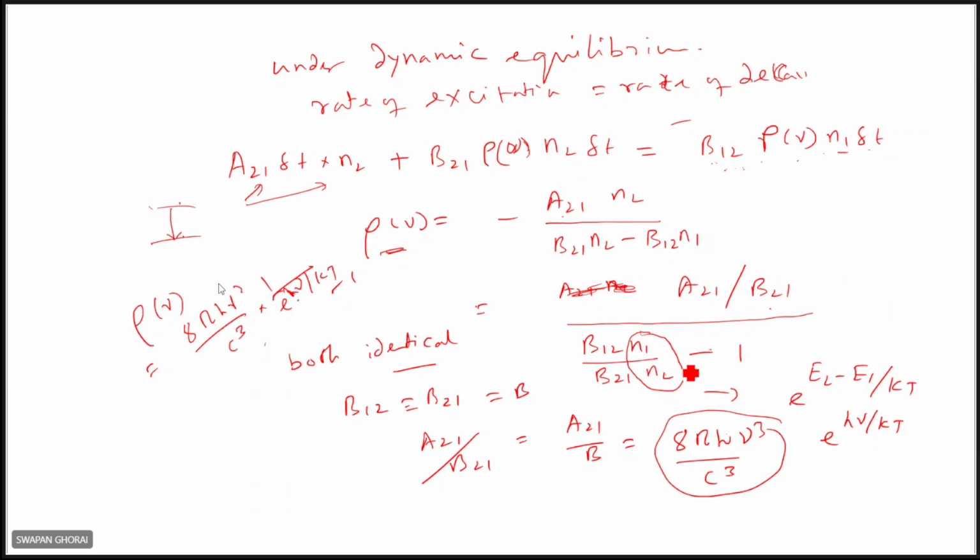The minus minus becomes plus. And N1 by N2 we know is e to the power (E2 minus E1) by KT, from the Boltzmann relations. So E2 minus E1 is actually h nu. So we are getting this.